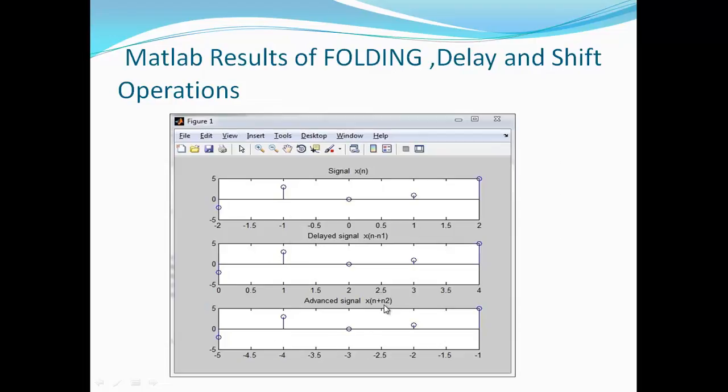Then you delayed it by 2, so now it is starting at -4. Fine. So this is the delayed sequence. You have the original sequence, you delay it. Delay means you move it in the left hand direction. Sorry, delay means you move it in this side. Advance, you move it in this side.